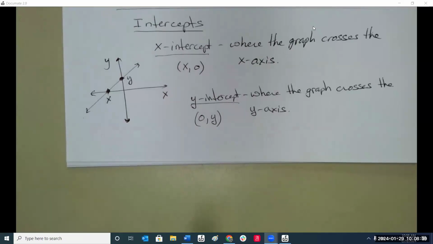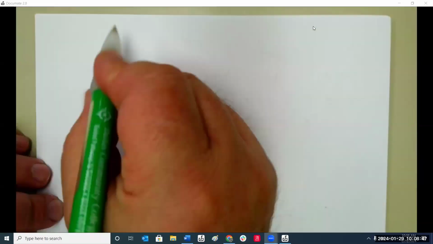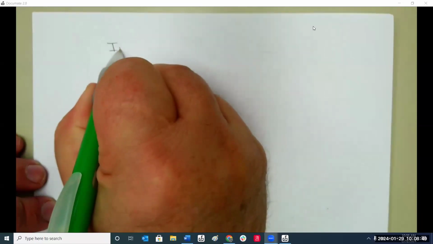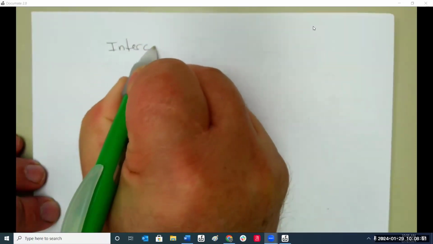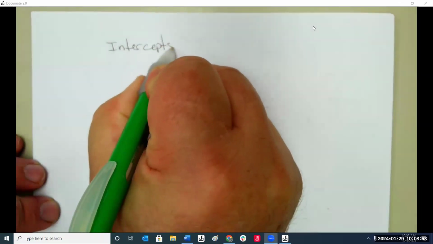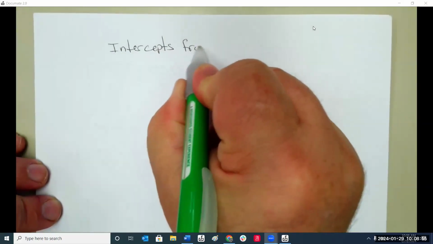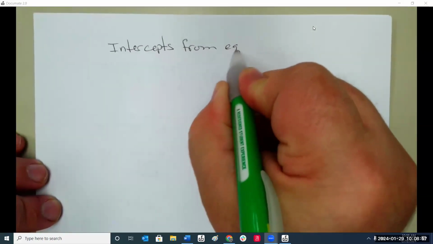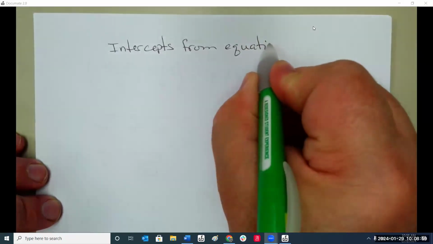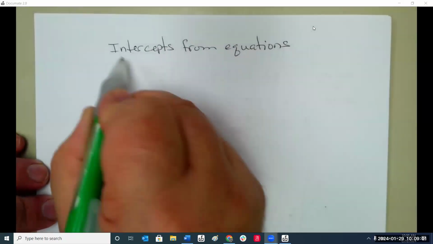That's if I give you a graph. How would you solve these if I gave you an equation? Intercepts from equations.